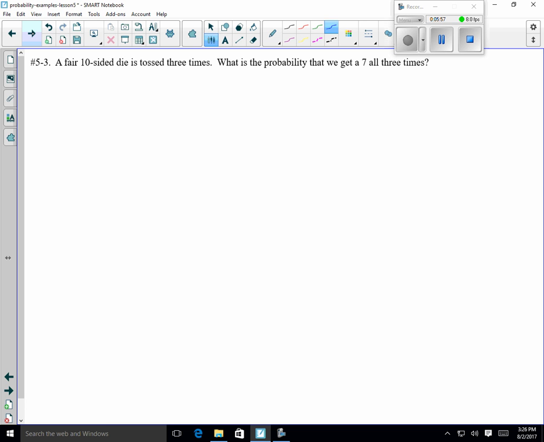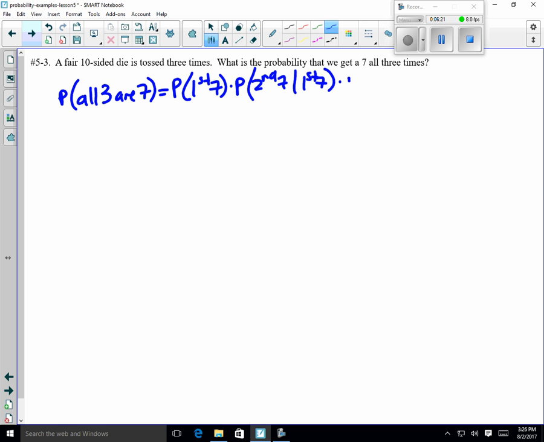So maybe I could write it this way. I could say the probability that all 3 tosses are 7 is the probability of the first one being 7 times the probability that the second one is 7, given that the first one was 7, times the probability that the third one is 7, given that the first and second are also 7.